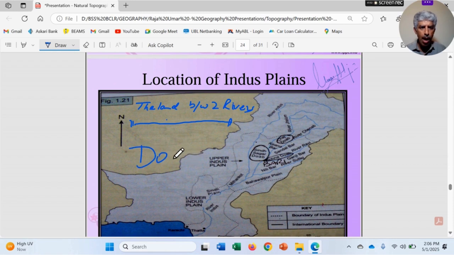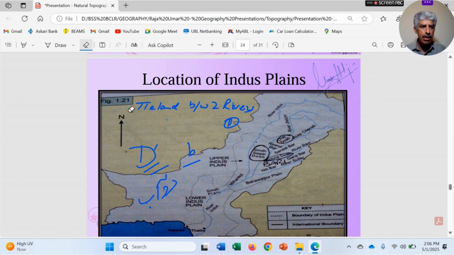Do means two, ab means water, Doab, do pani. So the land between two waters. If I suppose these are the two rivers and this is the land between these two, so this whole land is a Doab. Right? Now what is in that Doab? Doab has certain further land features.